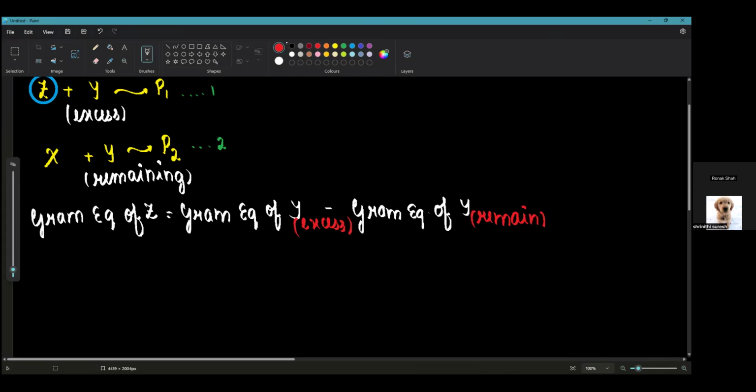For example, if you are taking 10 moles of Y and the remaining moles of Y are 7, how many moles of Y are used in the reaction?